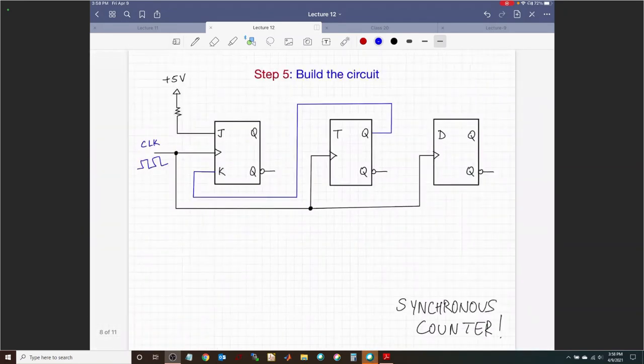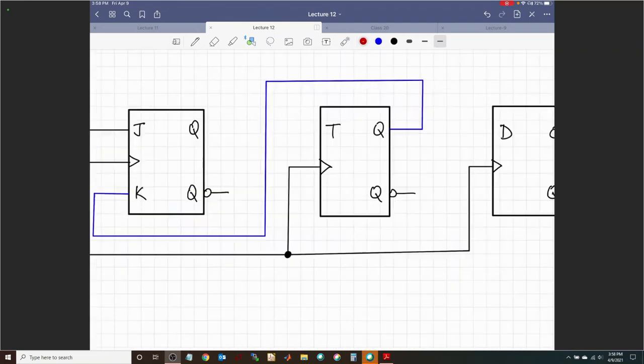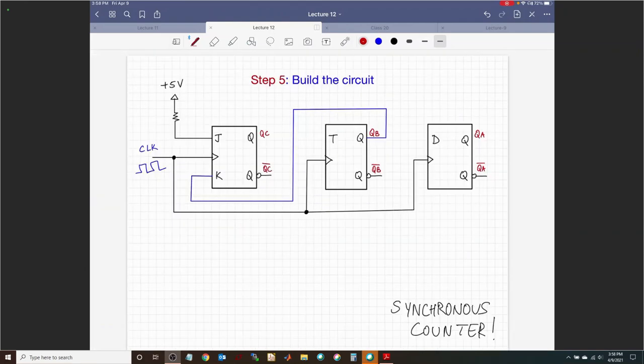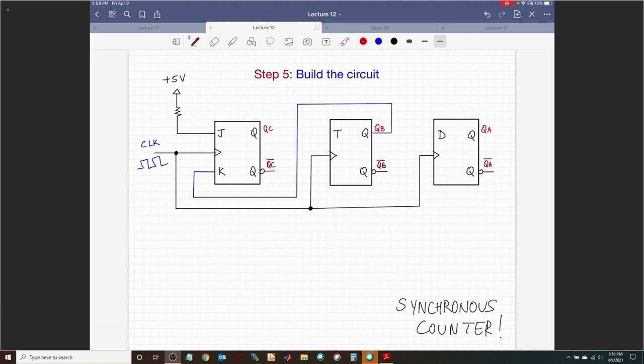So this is my QC, this is my QB, and this is my QA. And this is my QA complement, QB complement, QC complement. So I need QB complement and QC complement, put them through an OR gate.